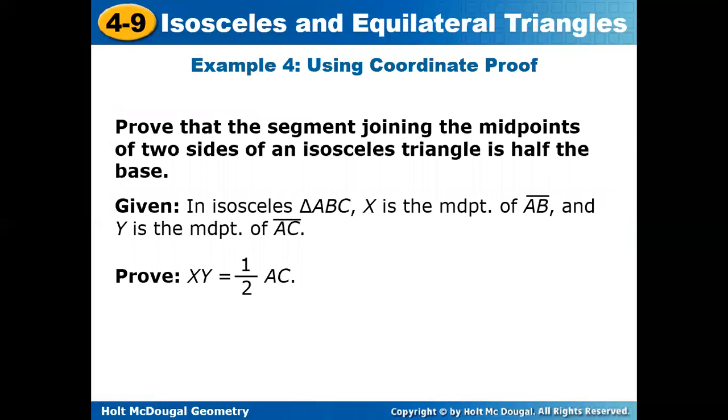Let's see example 4. Prove that the segment joining the midpoints of two sides of an isosceles triangle is half the base.